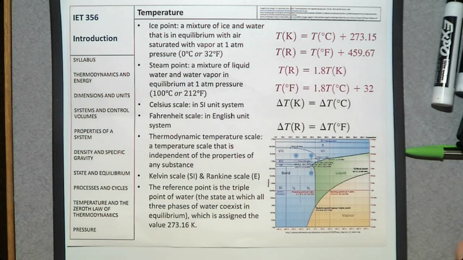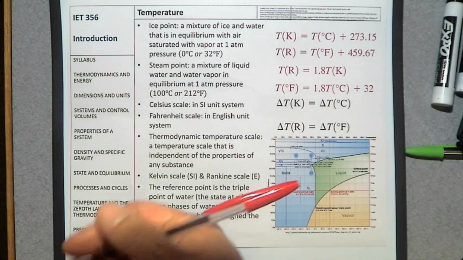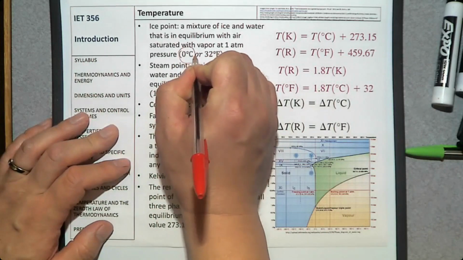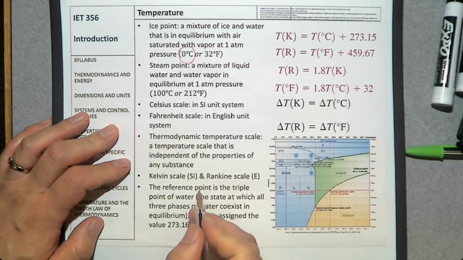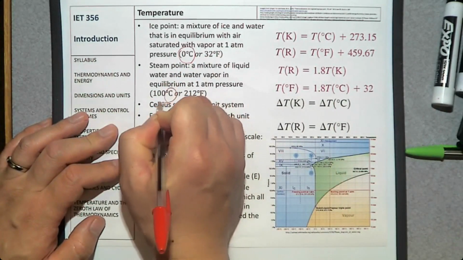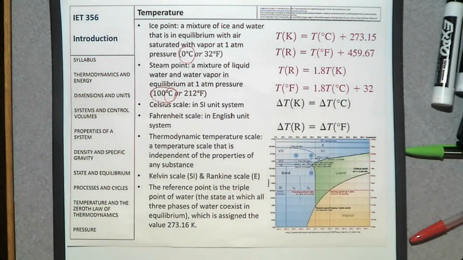Then what is the ice point? In Celsius, 0 degrees Celsius. And what is the steam point? In Celsius, 100 degrees Celsius. So if you ask another engineer, what is the ice point of water? And he says, 0 degrees Celsius. Is that right or not? Based on what you see there. Sounds right?